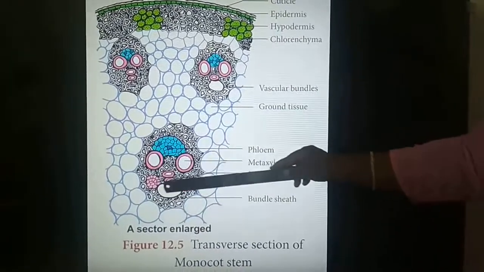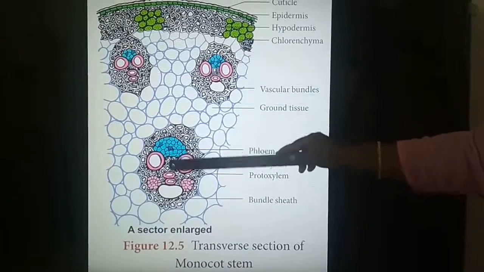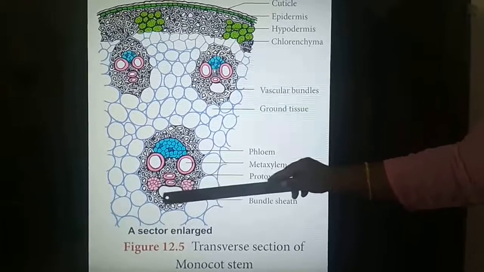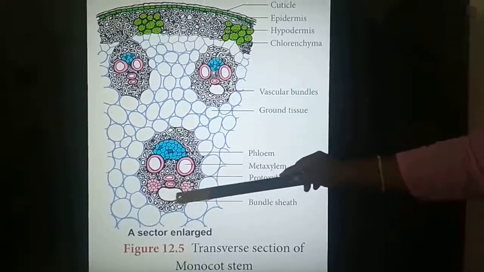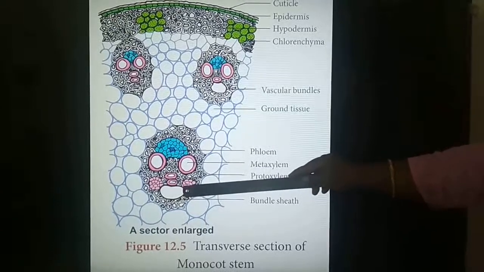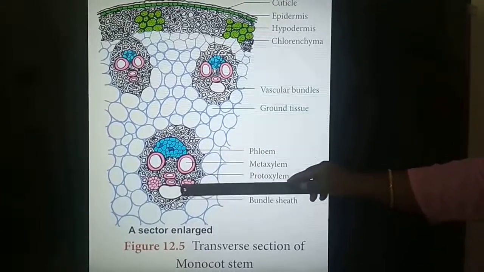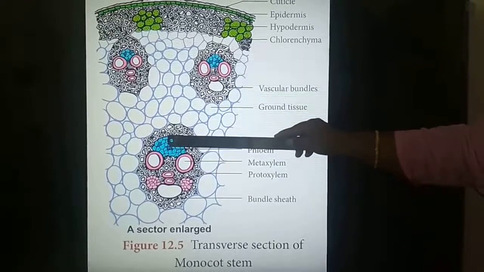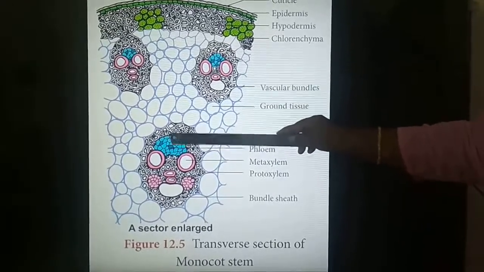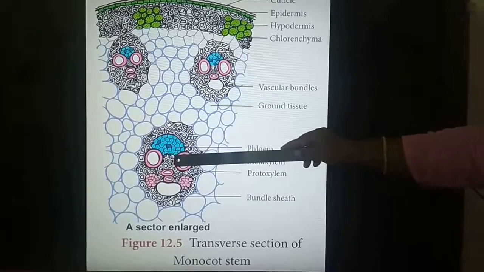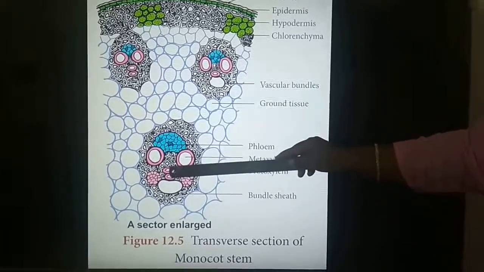In the matured vascular bundle, the last protoxylem disintegrates and forms a cavity called protoxylem lacunae. And above the xylem there is phloem. This is the phloem, this is metaxylem, and this is protoxylem.